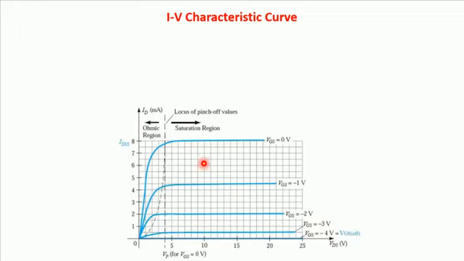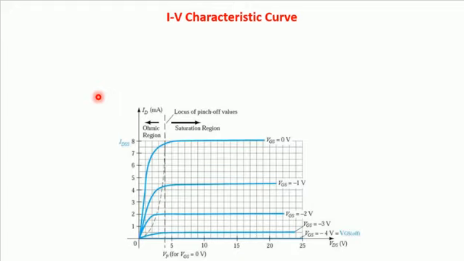In this voltage controlled device, what we are going to discuss about the JFET is the region of operation. The region of operation can be understood with the IV characteristics. The IV characteristic curve is shown over here.